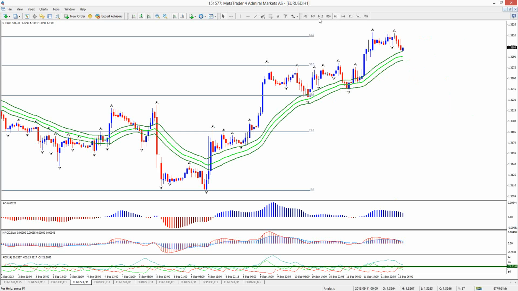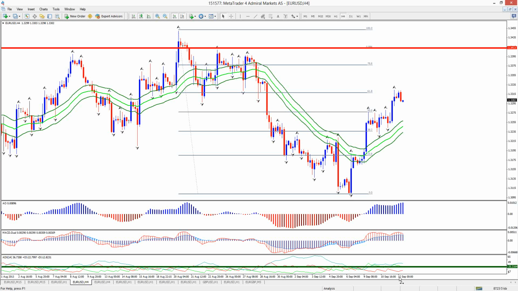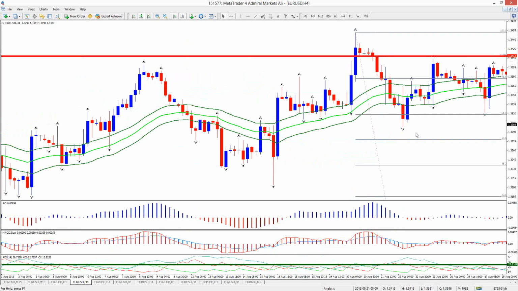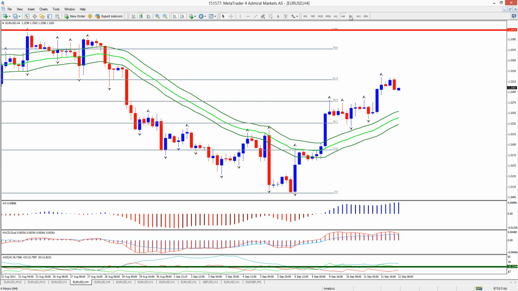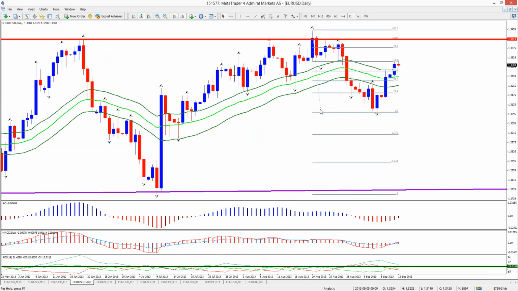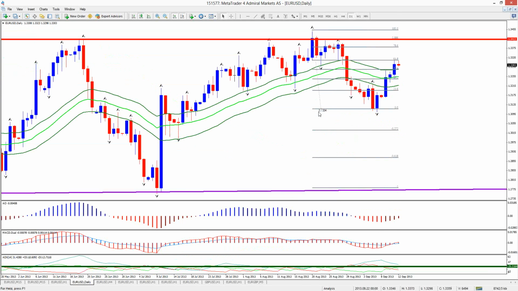Then it depends if you want to take a look at the 4 hour, 15-minute world for more scale-ins and scale-outs. If you look at the 4 hour chart here, we do have engulfing 4 hour candles with a bit of a shooting star here. The day chart has a normal daily candle though.